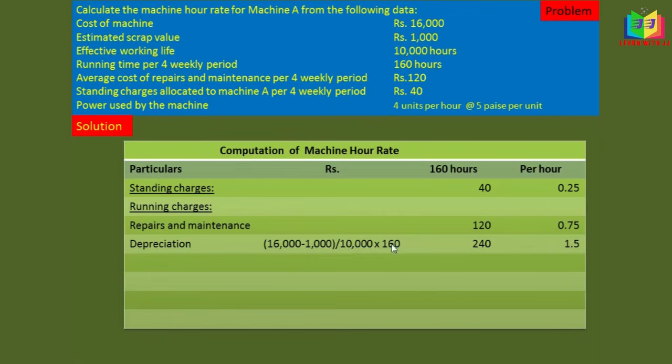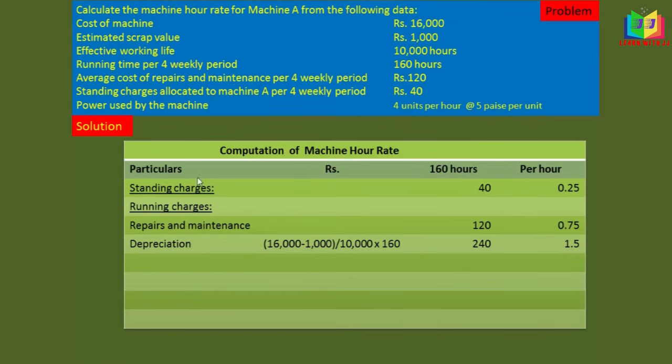If we multiply this by 160, the running time per 4 weekly period, we get 240. For 160 hours, the depreciation is 240. If we divide by 160, we'll get 1.5. This is for 1 hour.